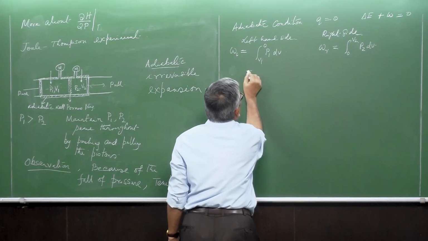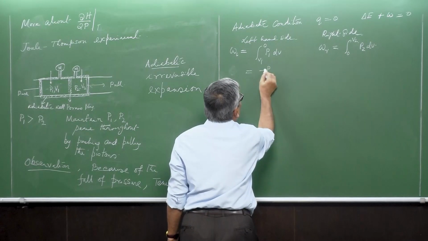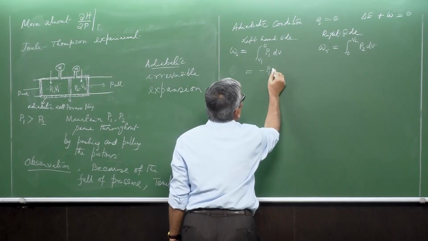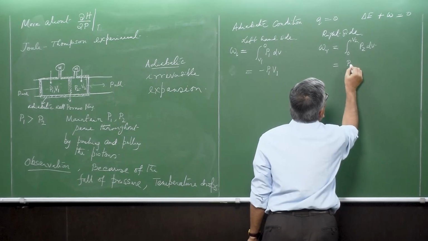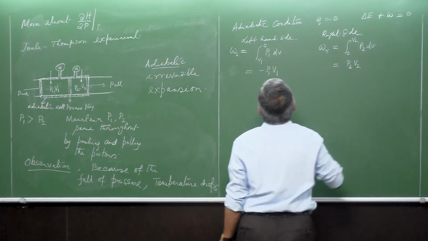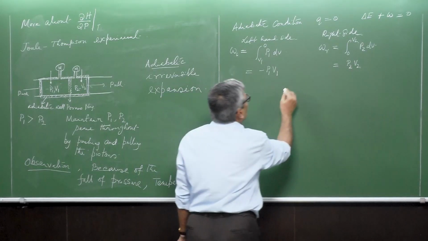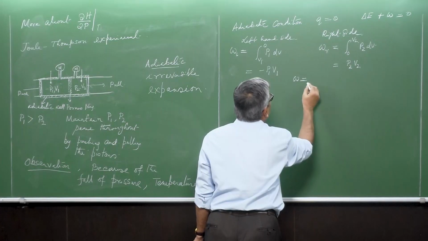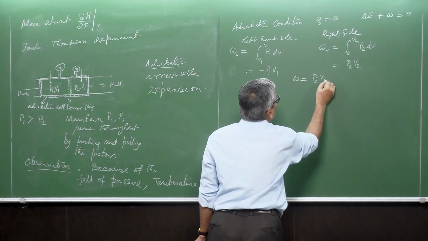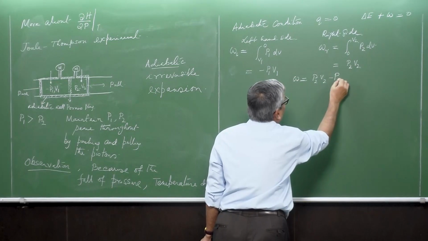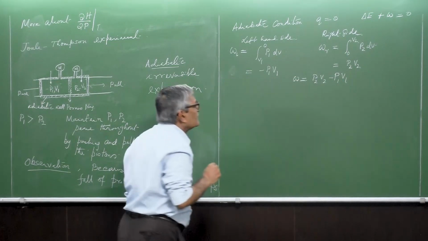So this gives me minus P1 V1 on the left, and here it is P2 times V2. So total work W is basically P2 V2 minus P1 V1.